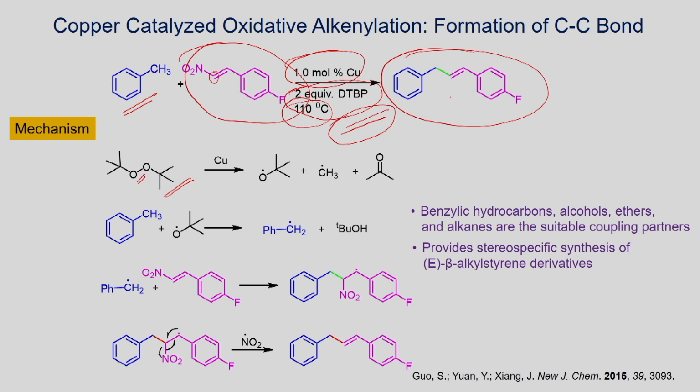When you use light or heat, at 110 degrees Celsius, this bond can undergo homolytic cleavage to form two tertiary butoxy radicals. This radical can also further convert, so one of them is converted into a ketone and a methyl radical.